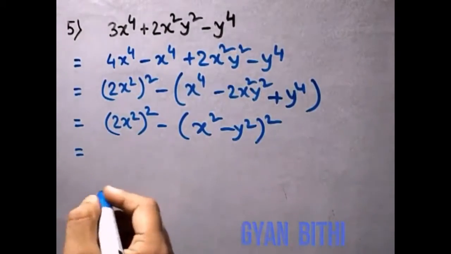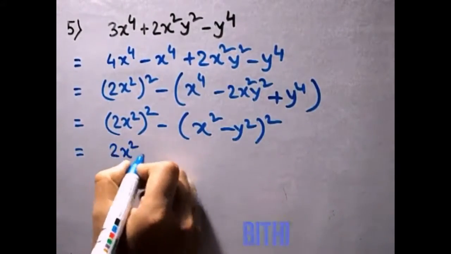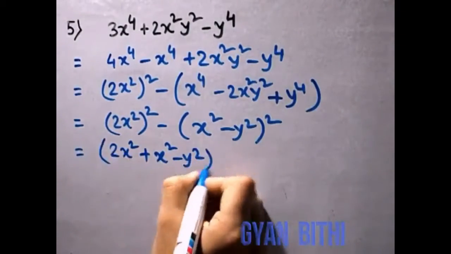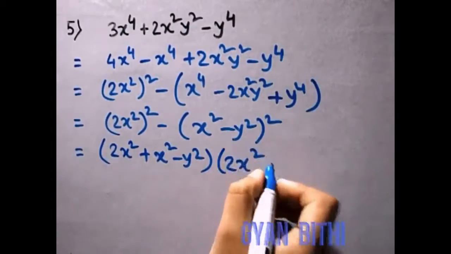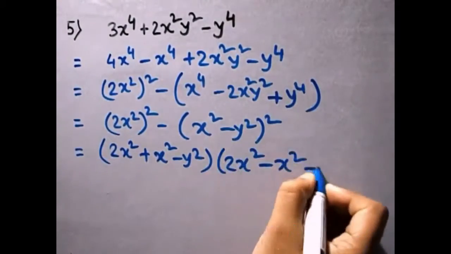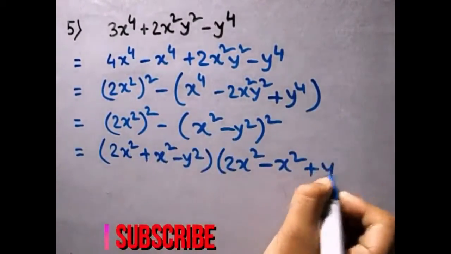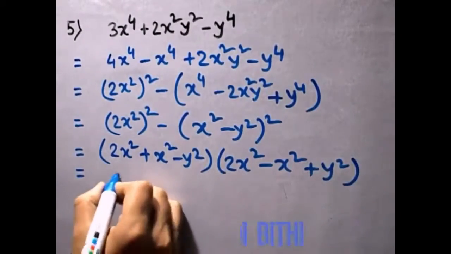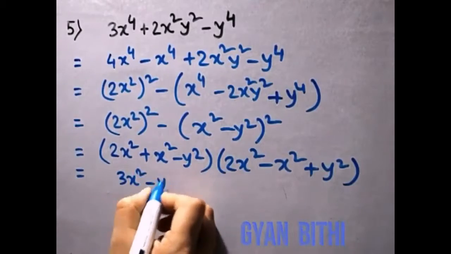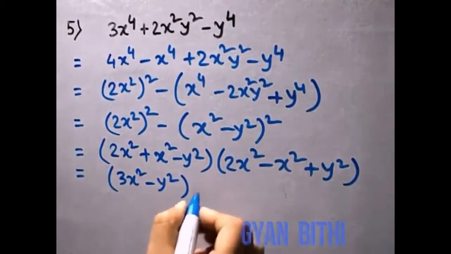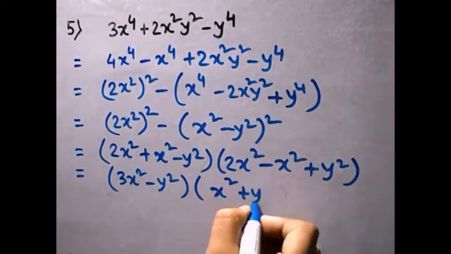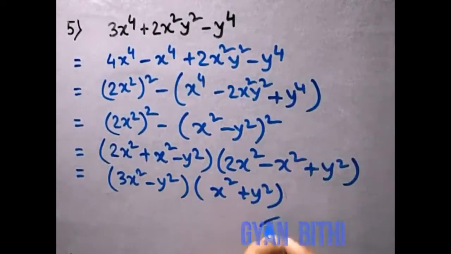So a plus b into a minus b: 2x square plus x square minus y square into 2x square minus x square plus y square, equal to 3x square minus y square and x square plus y square. This is the factorization.